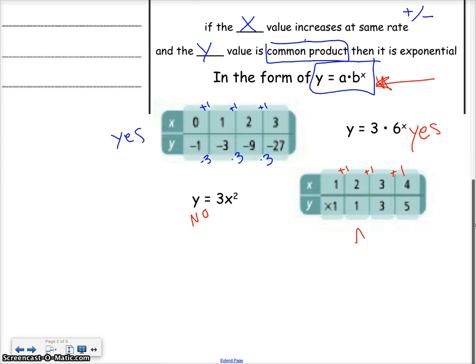It doesn't work. No, this is not an exponential function. Because notice that it has to be a common product in order to be an exponential function. That's learning target number 1. I'm going to give you tables and an equation, and you're going to tell me if the table or equation is an exponential function.